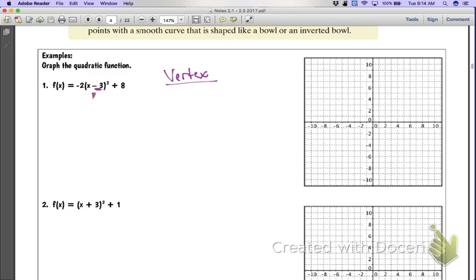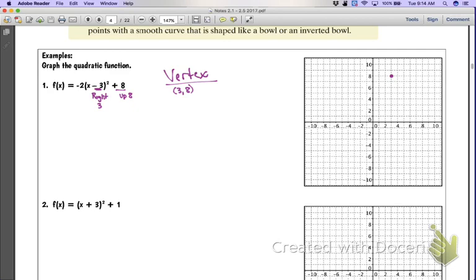I'm going to send it right 3, and then I'm going to go up 8. So then my vertex is at positive 3, positive 8. So over to 3, up to 8, put my point.